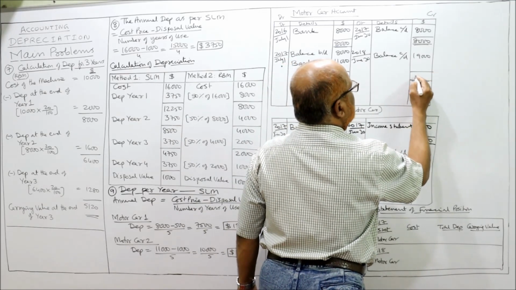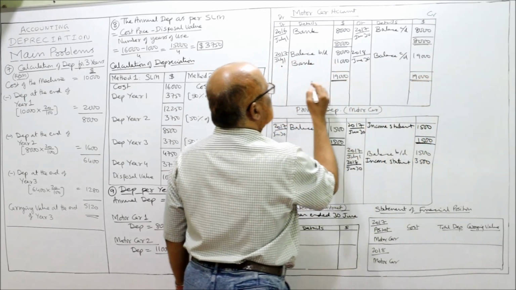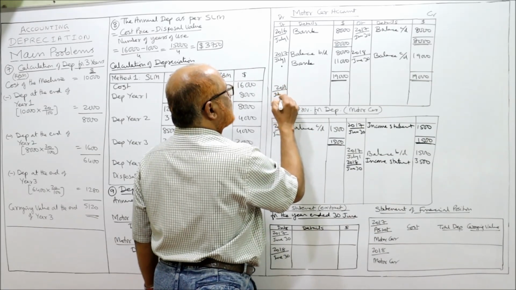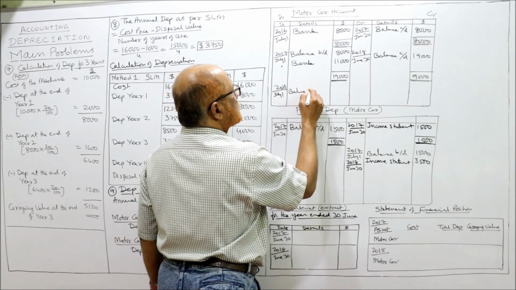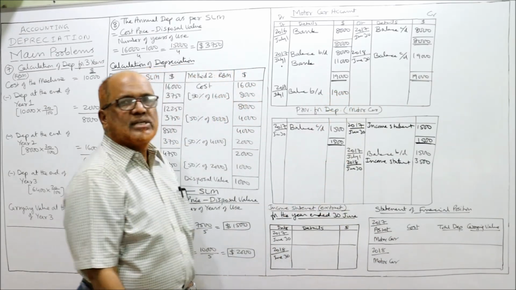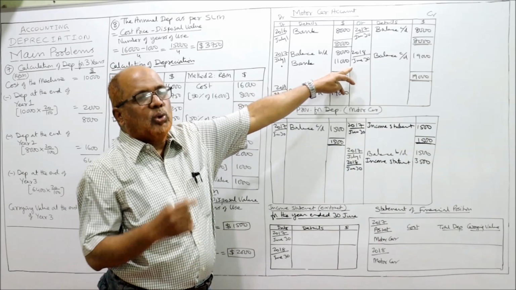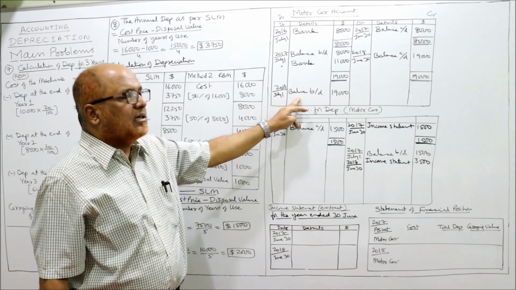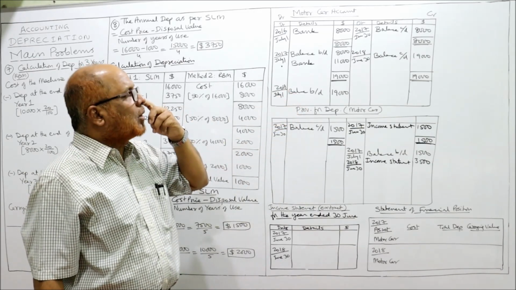Here also 19,000. Next year will begin from 2018 July 1st. Balance brought down, that is 19,000. So second year we have completed 30th June 2018. Now 1st July 2018 new year will begin, brought down.